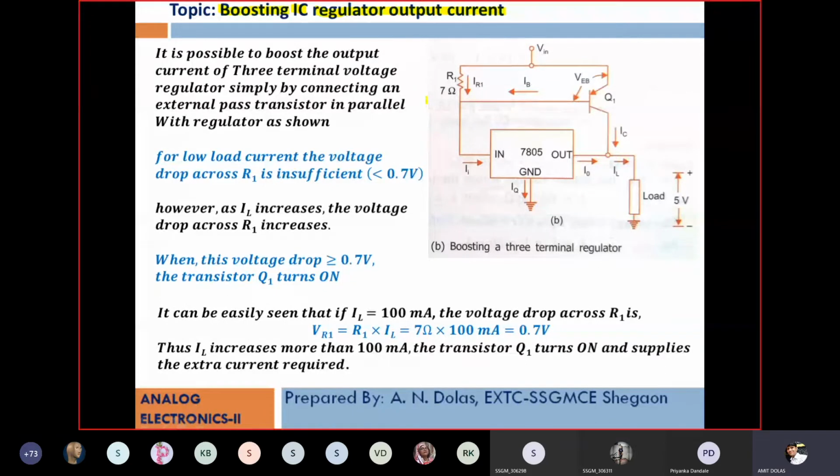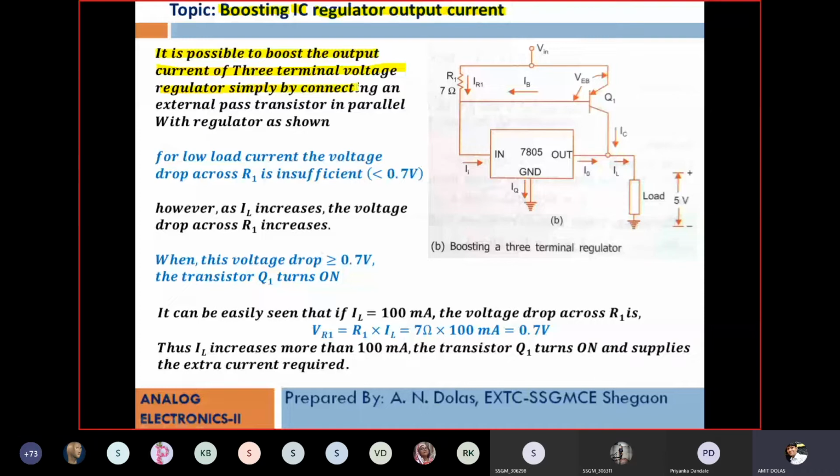In that case, one bypass transistor is used so that it can supply more current to the load. It is possible to boost the output current of a 3-terminal voltage regulator simply by connecting an external bypass or pass transistor in parallel with the regulator as shown in the figure.